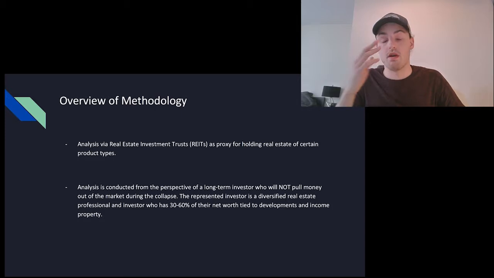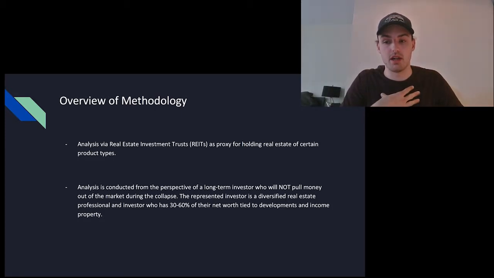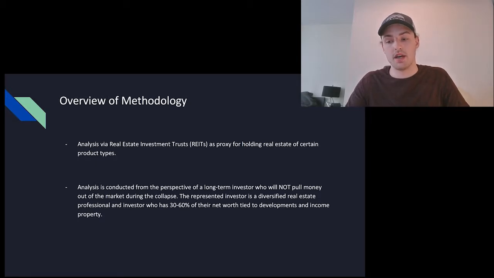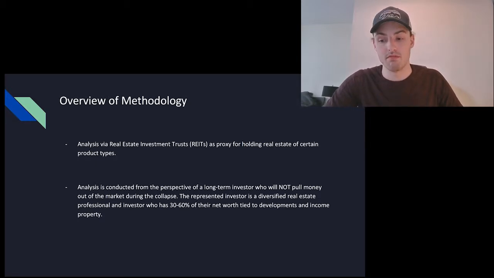Like I said, from my perspective, why I'm conducting this analysis is I want to know what I have to do to hedge downside, to hedge myself from getting into a situation where I would be forced to sell assets at a market low because I was required to do that for insolvency problems, for debt renegotiation problems that can't go through, etc. Because I'm taking a long-term perspective of somebody who's going to be having a lifetime career in this space, and I'm confident that the markets will recover.